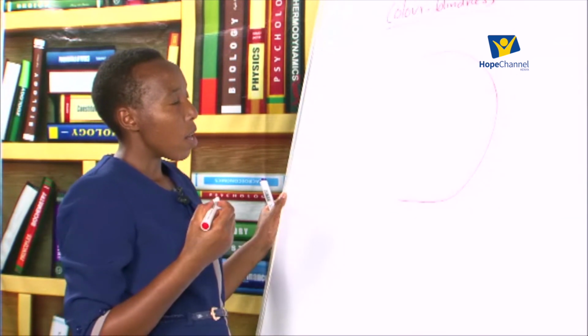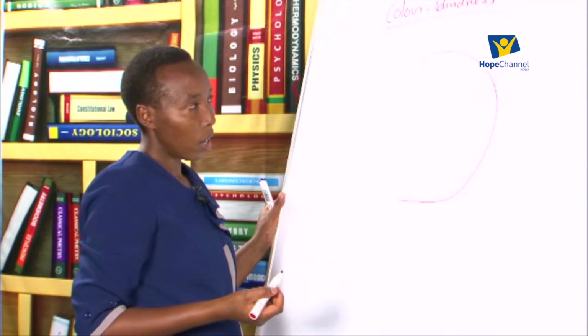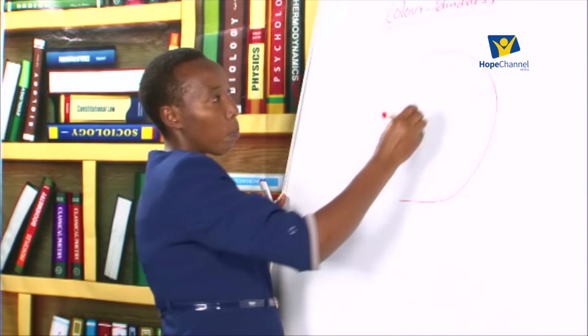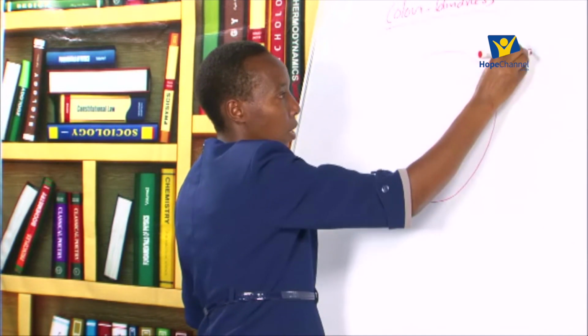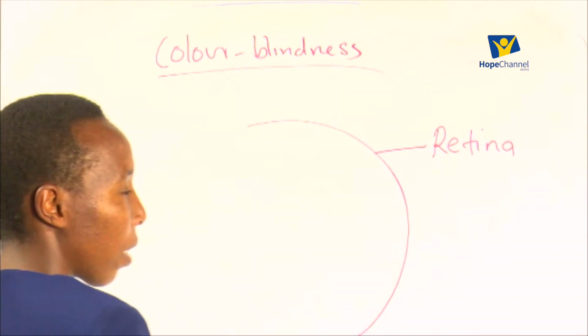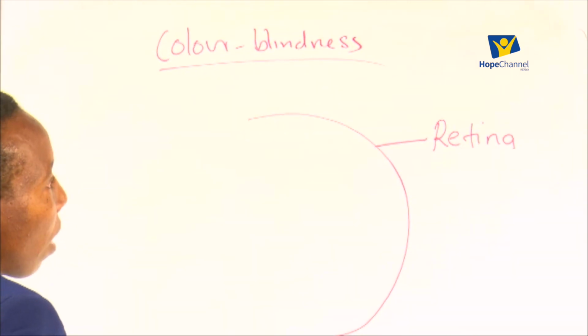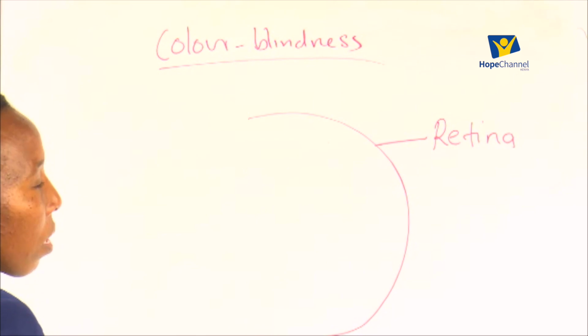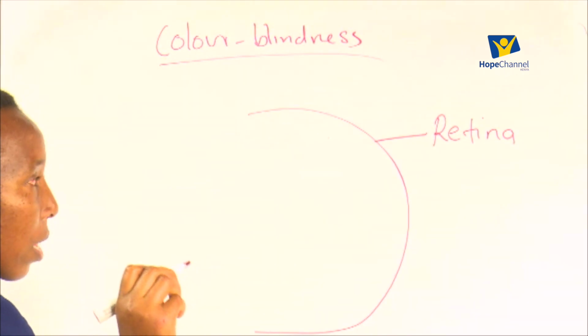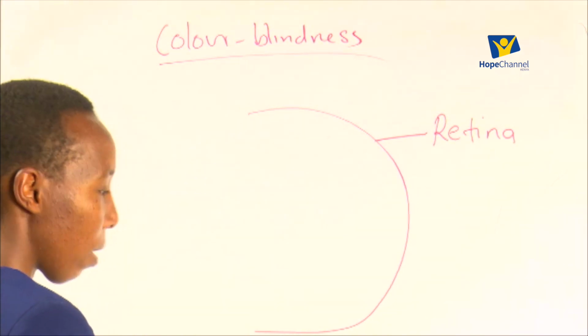Now, when you take the structure of the eye, just at the back of the eye, we have a part that we call the retina. On the retina, this is where we expect to have cells that are sensitive to color.